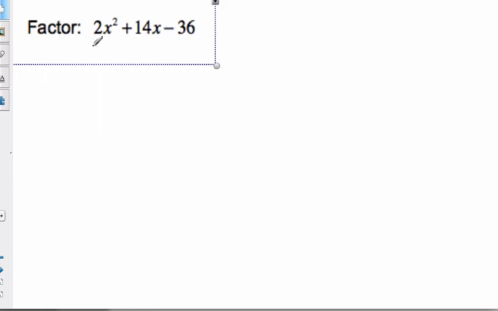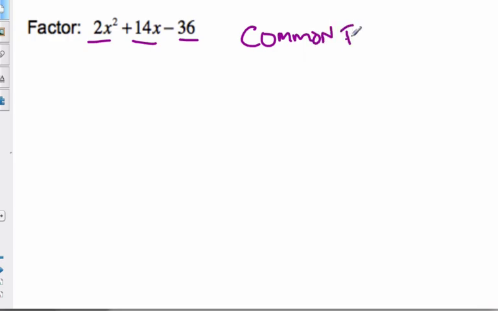For this one, the first thing I have to notice is that they're all even. Whenever I factor, I first and always look for a common factor. That is so important.